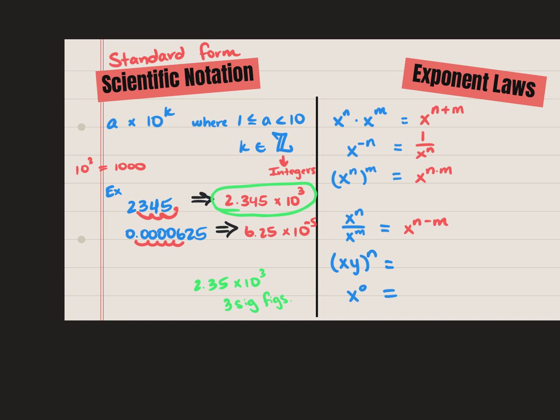When I raise two different bases to a power, both bases get that power, so I get x to the n, y to the n. Same thing works if it were fractional: if they were x divided by y, both variables would get the power. And then anything to the 0 power is 1.